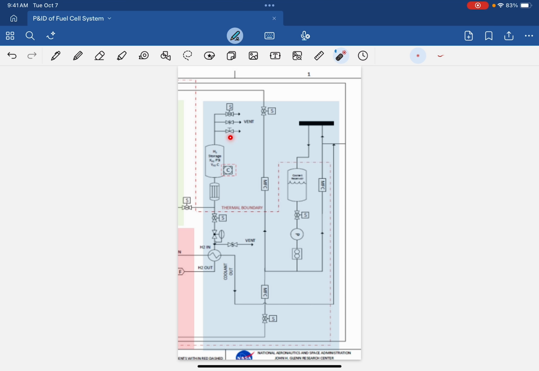Here we have a gate valve with a manual handle, a pressure relief valve, and a ball valve with another solenoid actuator. The point of these valves is to control the pressure within this vessel.